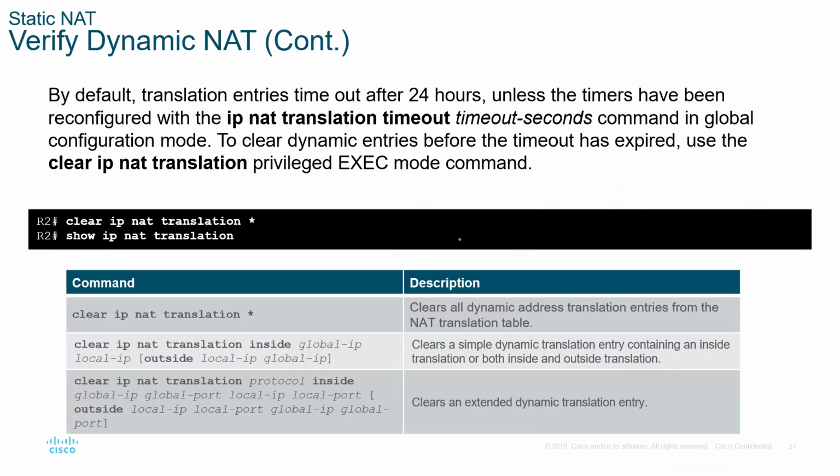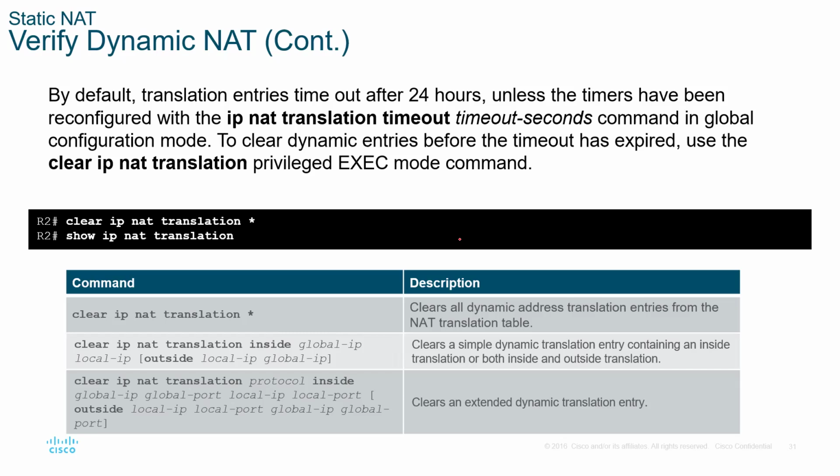We also have the IP NAT translation timeout. By default, translation entries time out after 24 hours, unless the timers have been reconfigured with the NAT translation timeout. So in an example with dynamic NAT where we create a pool, PC1 gets an address from the pool.